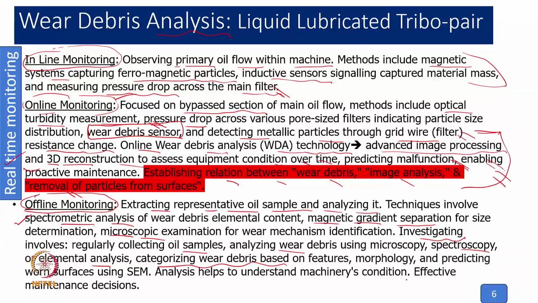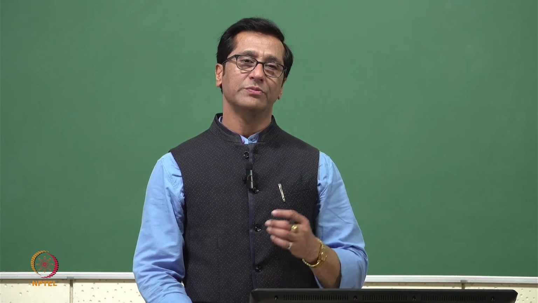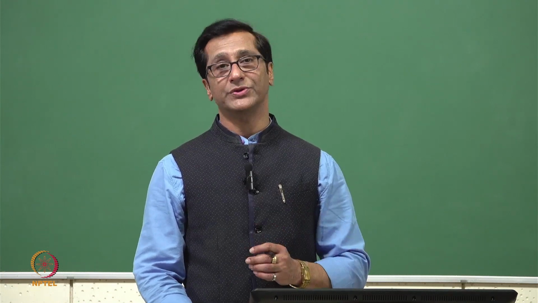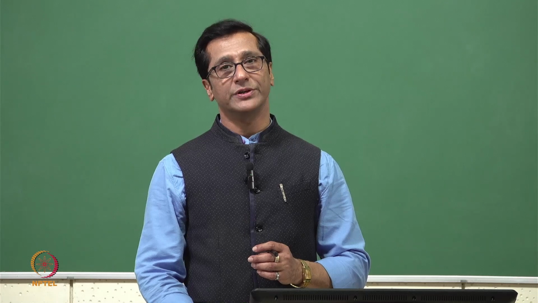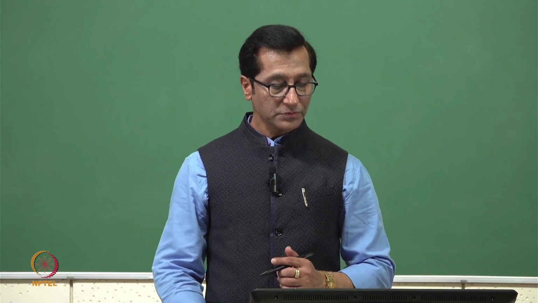The reason is that it will help us understand the machinery condition, and we can suggest overall effective maintenance. So effective maintenance decisions can be made based on this. This will turn out to be very useful for the researchers or science students who are attending this course.